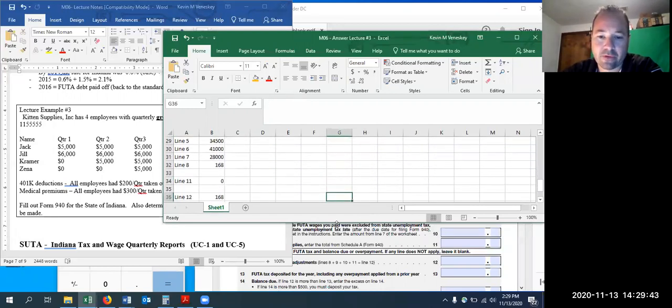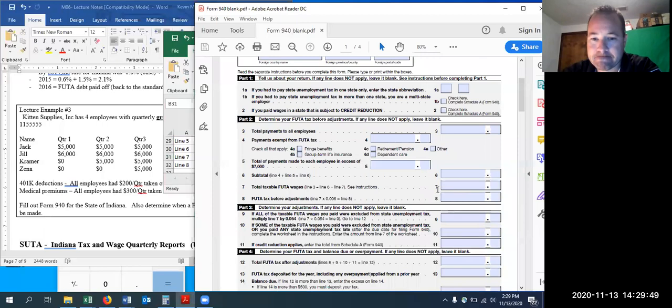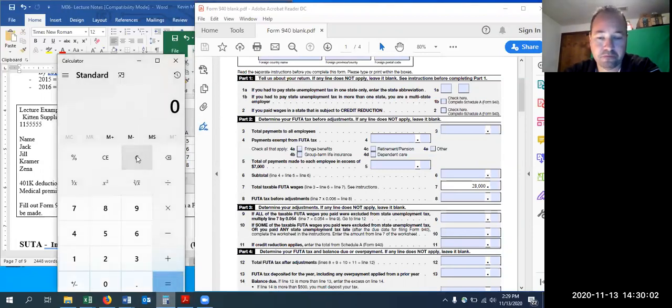This is kind of how I would do it. You have box 7 right here of the 28,000. You could go ahead and fill in box 8 at this point. You're just simply taking that 28,000 times 0.006, so 168.